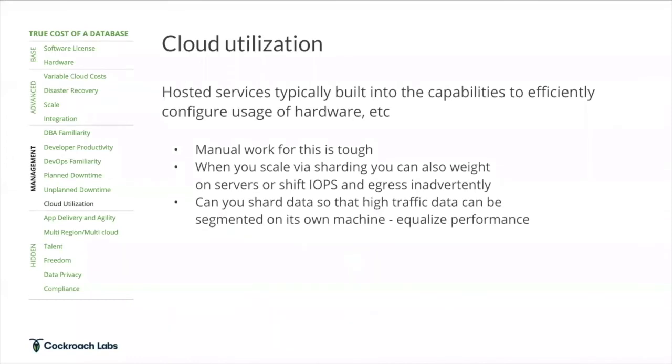This one is a little bit difficult to analyze because it's a bit more advanced, but the more even you can keep utilization of all your backend hardware, the more predictable your cost is going to be, and it's easier to keep things down over time.